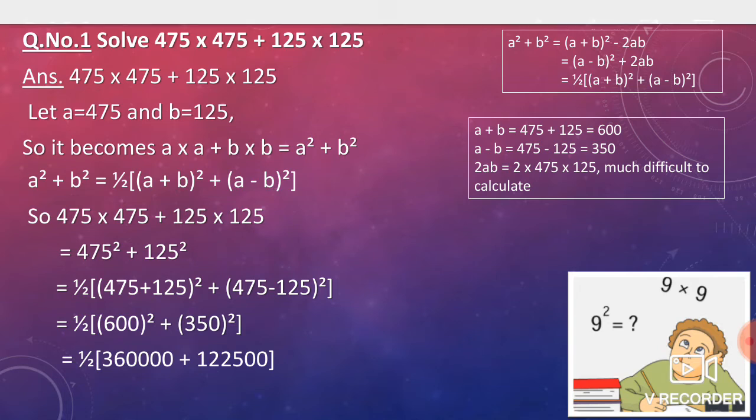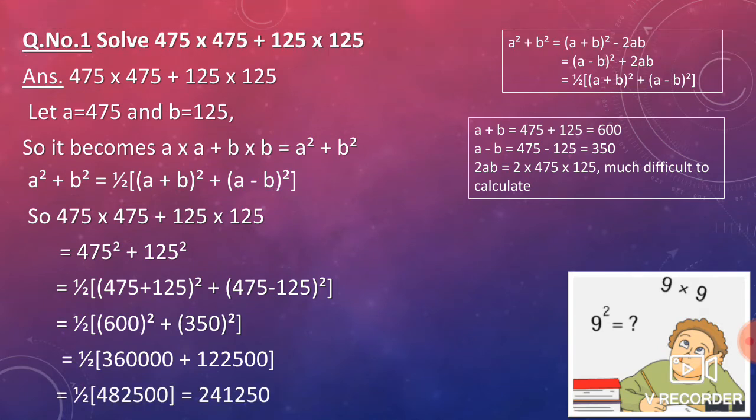When we add them, we get 482,500, and then we have to divide it by 2. When we divide it by 2, the answer is 241,250, and this is the final answer.